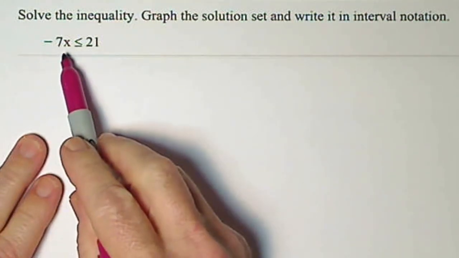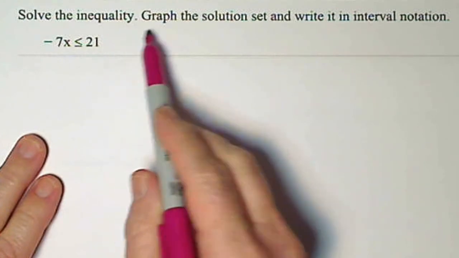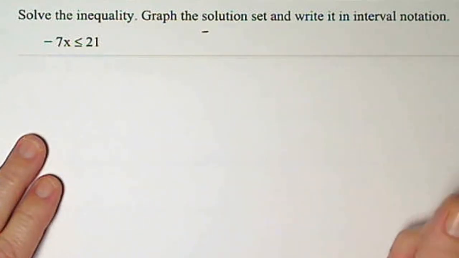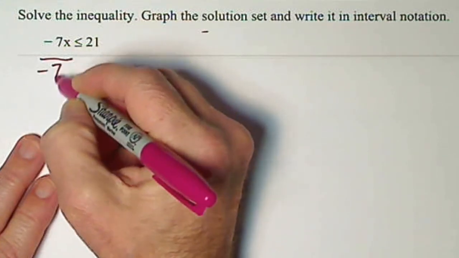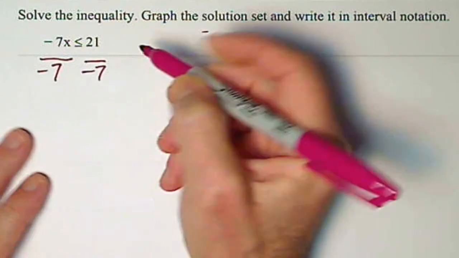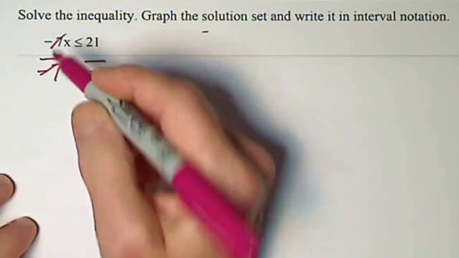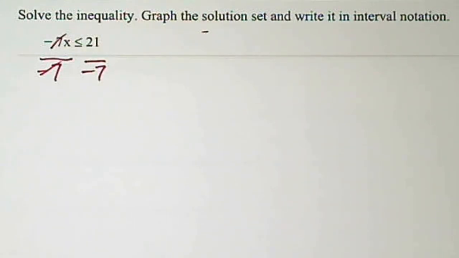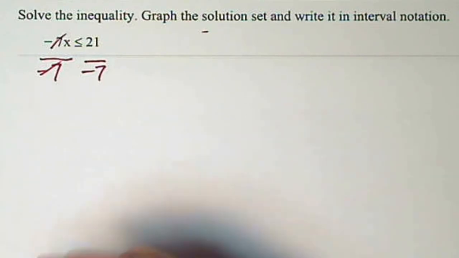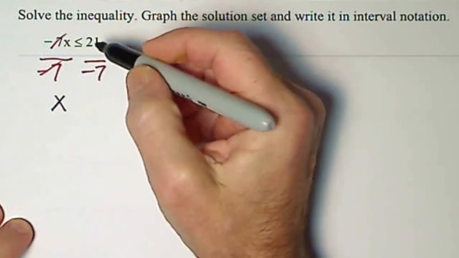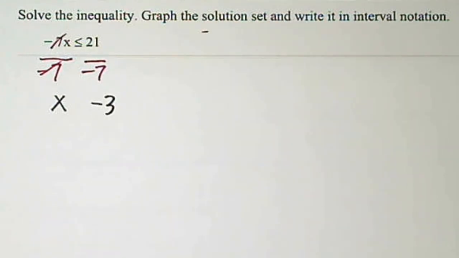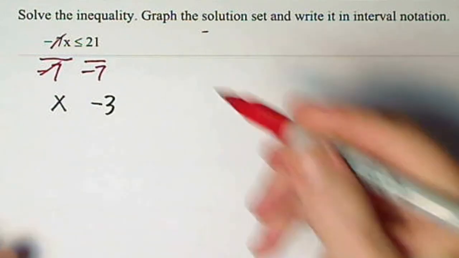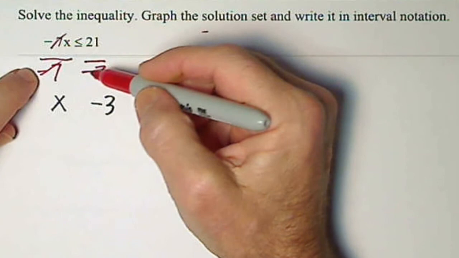Okay, for this one, we're to solve the inequality. Again, graph it and then write it in interval notation. I want to get rid of that -7, so I will divide by -7, divide by -7. So that cleans up and we get x, 21 divided by -7 is -3. But we just divided by a negative number.